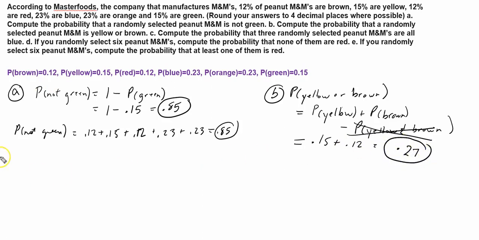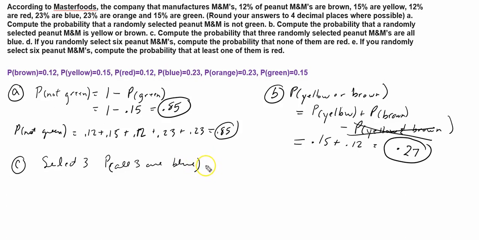Okay. Now for part C, it says compute the probability that 3 randomly selected peanut M&Ms are all blue. So if you select 3, what is the probability that all 3 are blue? Now some students might say, well, is it with replacement or without replacement?